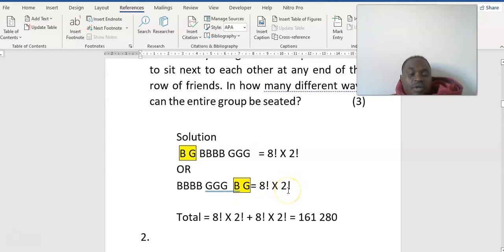1, 2, 2 factorial. So you can add it. If you add, you are going to get this one. You can also multiply it by 2.